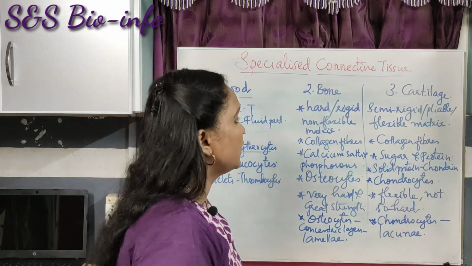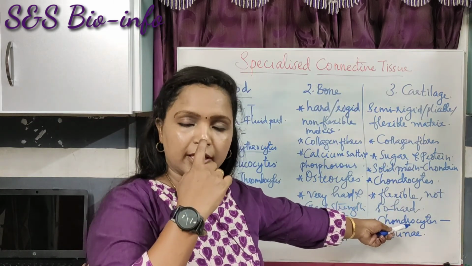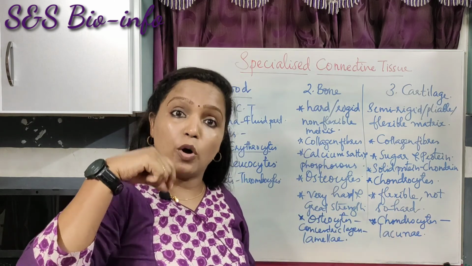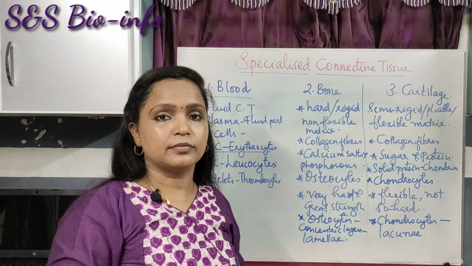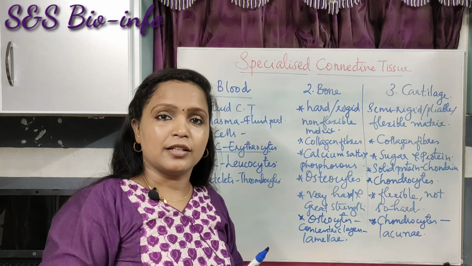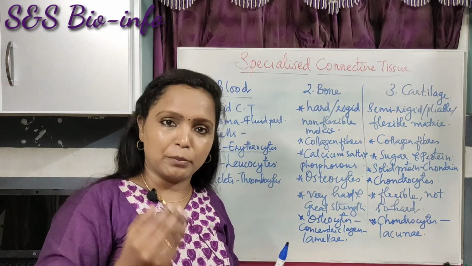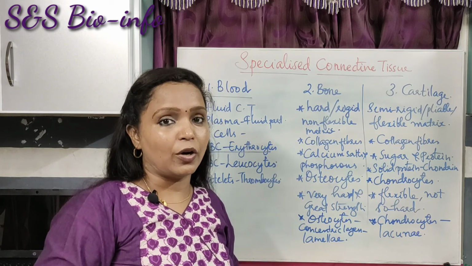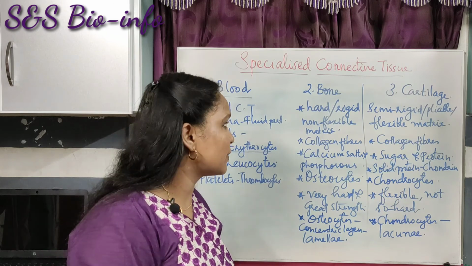Okay. The cartilage is found in the nose tip, the outer ear, joints, and in between the bones of the vertebral column. In the case of vertebrates, the cartilage is present during the embryonic stage and it will be replaced by the vertebral column when they attain adult stage.